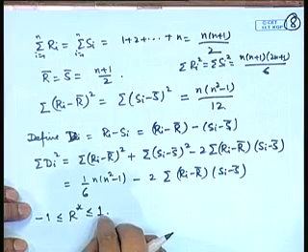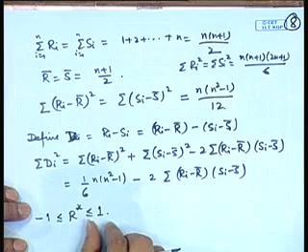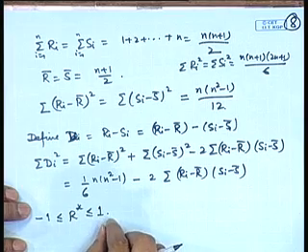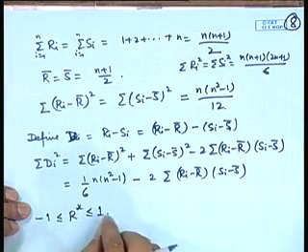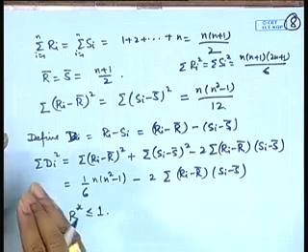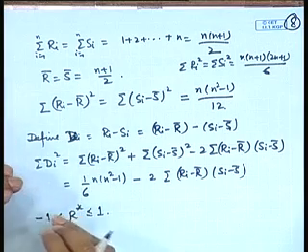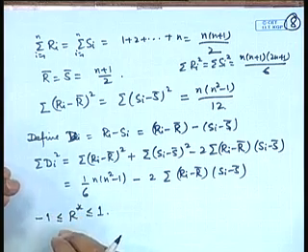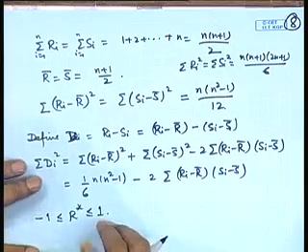For example, if R star is equal to 1, this shows a perfect positive linear relationship between the ranks R and S. Similarly, minus 1 denotes a perfect negative linear relationship between the ranks R and S.